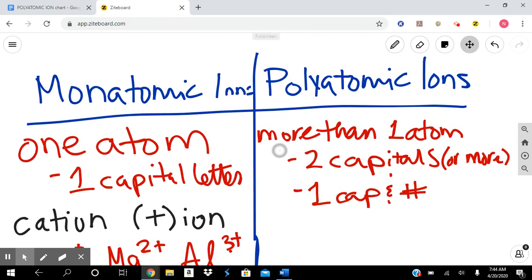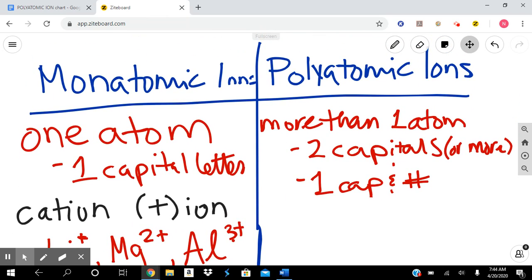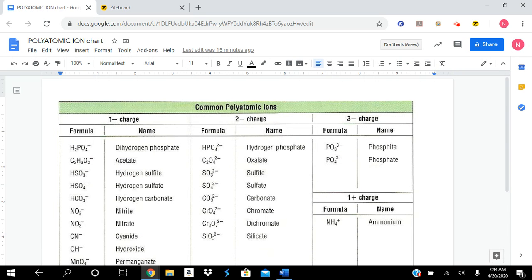So polyatomic ions, here's where you are going to have to open up another tab. If you go to our classroom page and you look at the materials for this week, the materials for this week include a doc that says polyatomic ion. And so I have that doc open here on this page. What I would suggest you do is pause the video now and find this doc.